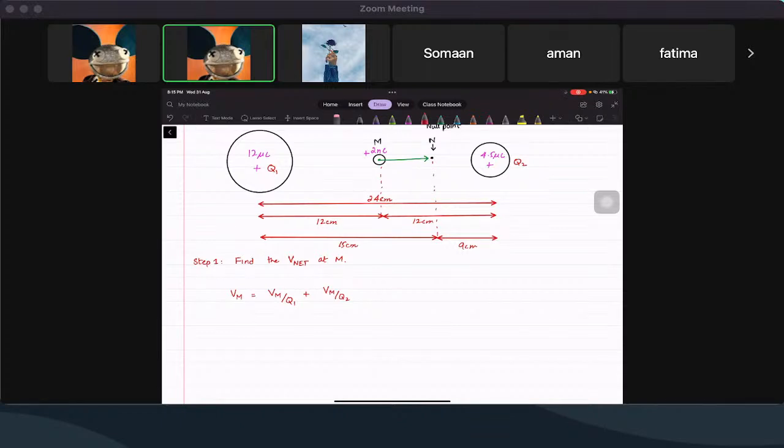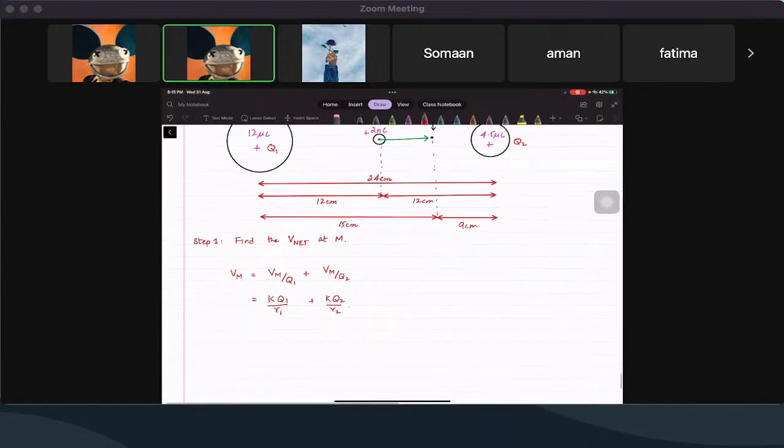Now what you're going to do, the potential value is K Q1 over R1 plus K Q2 over R2. Now let's add in the values and see what you get. K is common in both, so I'm going to take it outside.